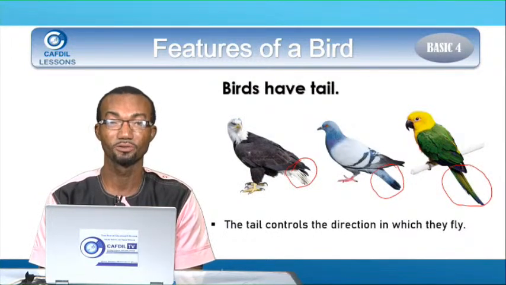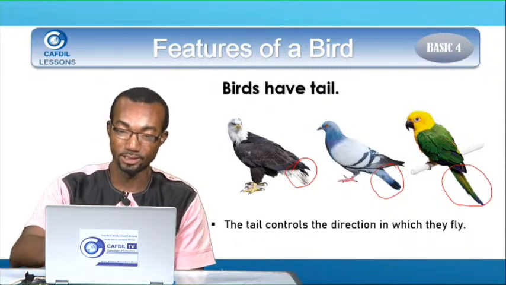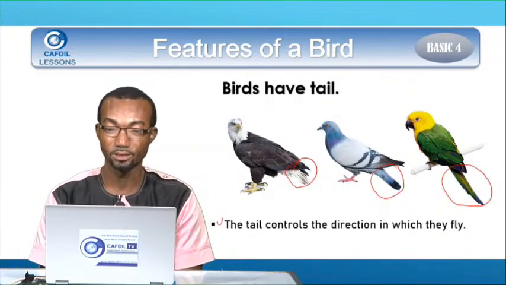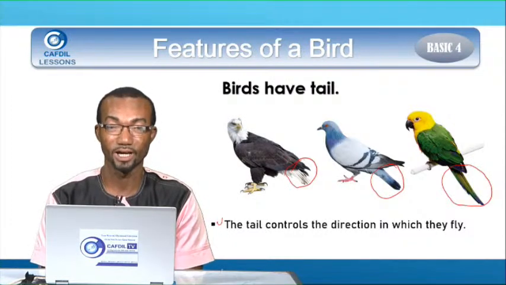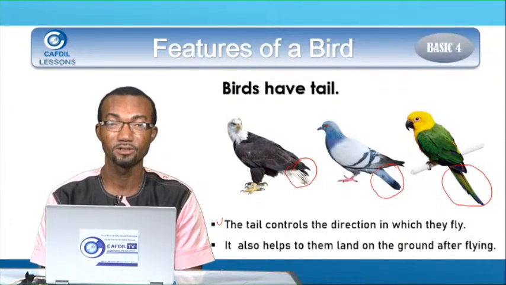And what is the use of the tail? The tail controls the direction in which the bird flies. And then the second use of the tail is that it helps them to land on the ground after flying. So birds have tail.